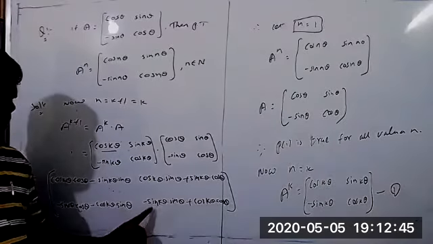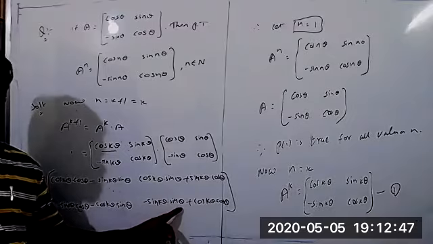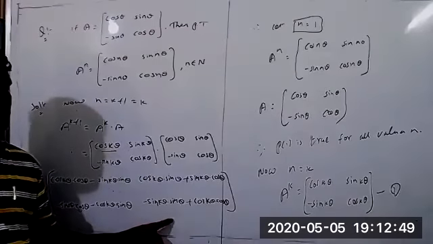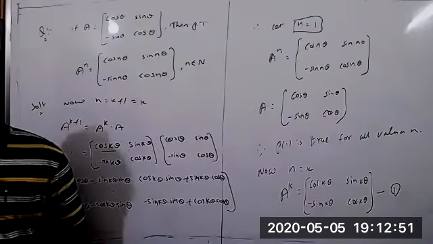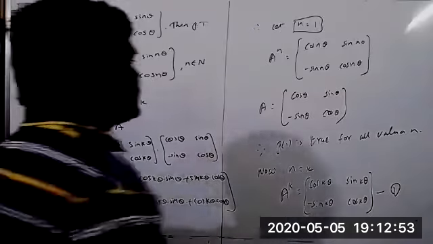Cos A cos B minus sin A sin B equals cos(A plus B). So just apply the compound angles to verify it, and find this value.